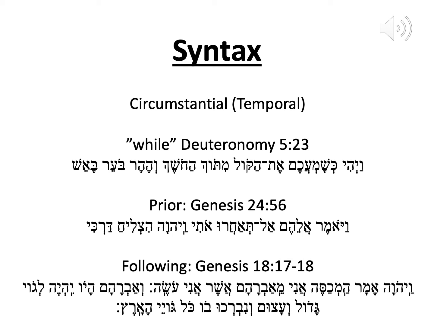So while we're told that they heard the voice of the Lord from the darkness, we're also told that the mountain was on fire. V'hahar bo'er ba'esh. This is a paratactic clause using vav to introduce the subordinate clause, and we could translate it as while, that the mountain was burning while they were hearing, or they were hearing while the mountain was on fire.